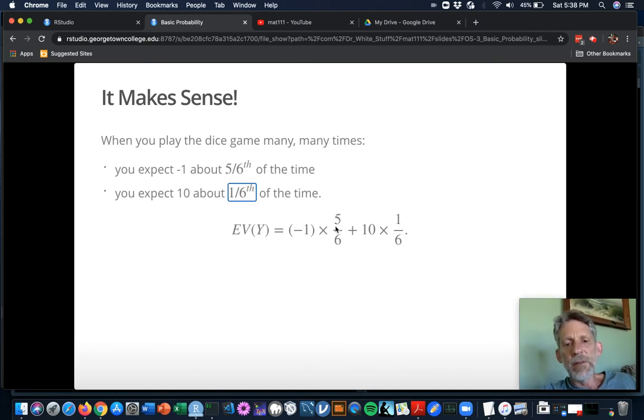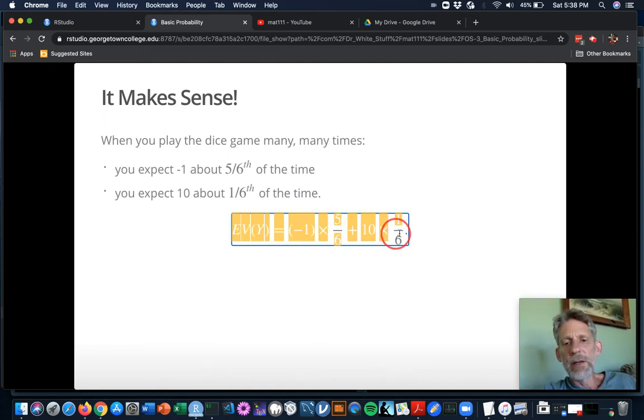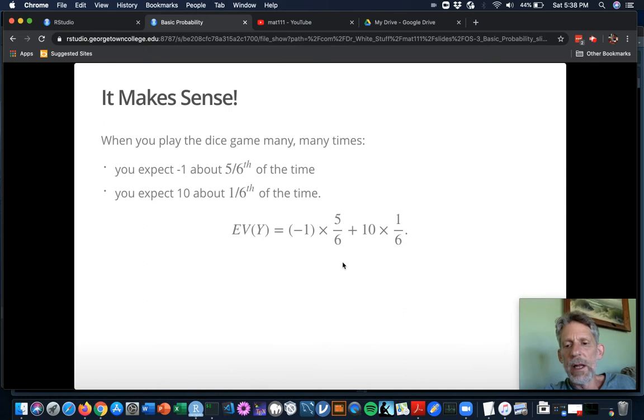So about 5/6 of the times you get a -1, 1/6 of the time you get a 10. What you're doing in this little formula here is what's called a weighted average of the two numbers, -1 and 10. You weight them by how often they're going to occur in the long run.